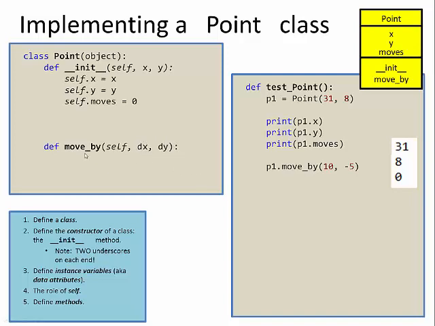Pause for a moment and think about what lines of code you would write there to change this point's x by dx and this point's y by dy. What statement would you write there?